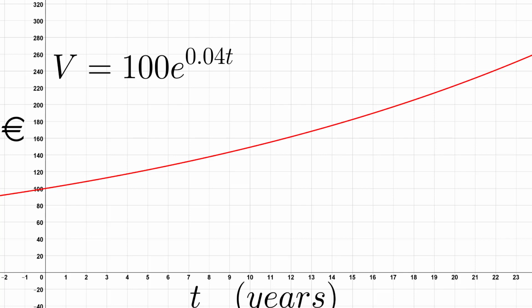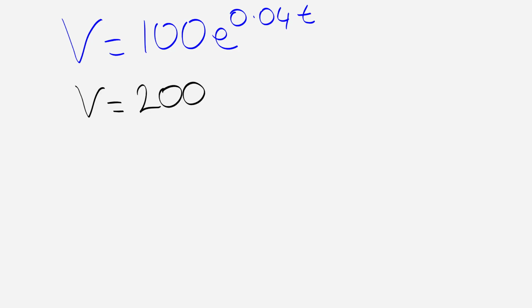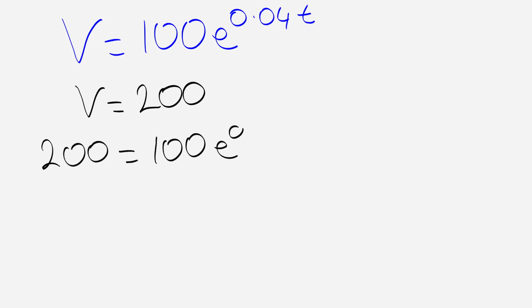If we come back to our graph here, we know the value is 200 euros. How long will that take? What length of time or what value of t will that be? So in this case, we'll substitute 200 in for V in the function and try to solve for t.